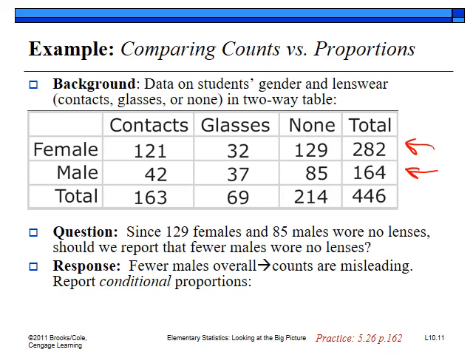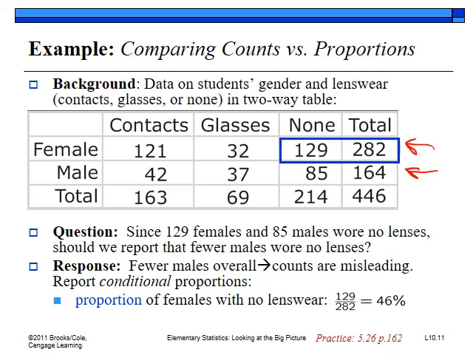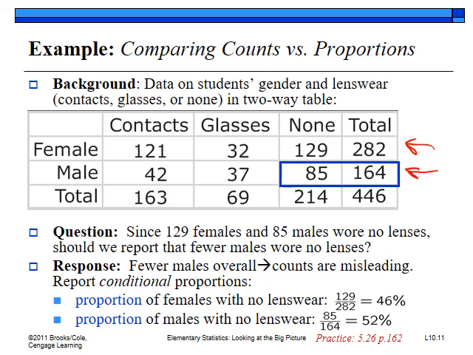Instead, we need to look at the conditional proportions or conditional percentages. For females, we divide 129 by 282, and that gives us 46%. For men, we divide the 85 by 164, and we get 52%. So in fact, the proportion of males with no lens wear is higher.